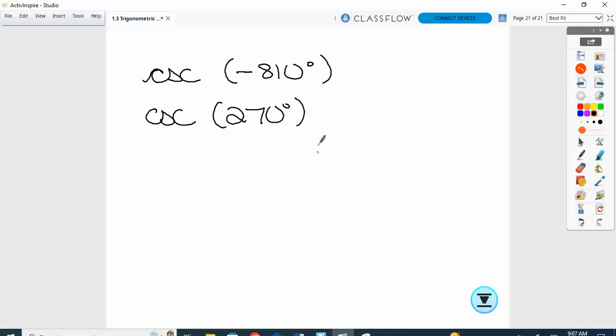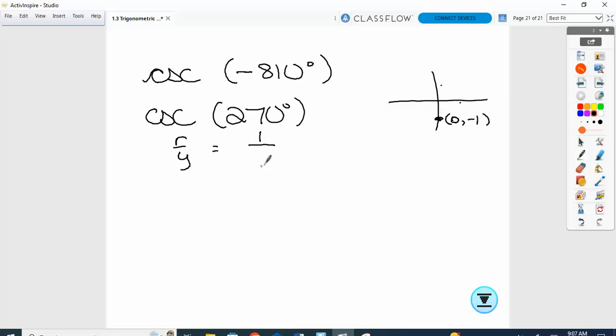Alright, so then what is the definition of cosecant in terms of x, y, and r? R over y. So think about it, 270. 0, 90, 180, 270. At that point, my x is 0, my y is negative 1. So r in this picture is always 1.